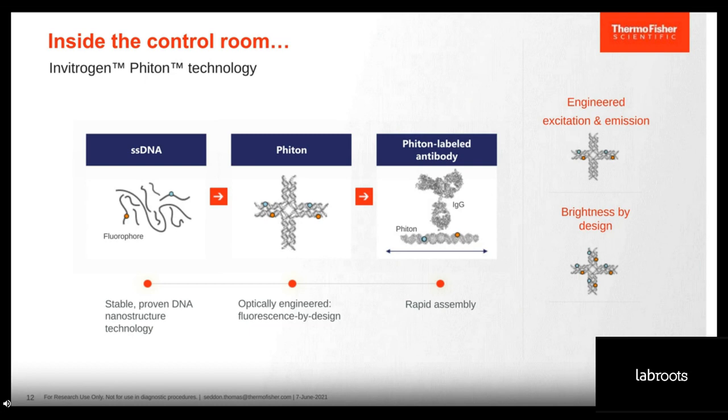Because the DNA has a sequence specificity and these dyes are conjugated, you can actually control the distance of the donor and the acceptor. And so this allows us to really optically engineer and generate dyes that are engineered to have specific excitation and emission, or even increased brightness by design.